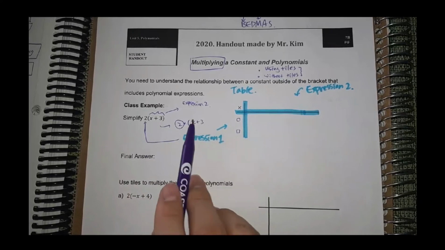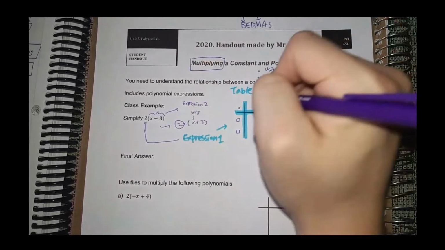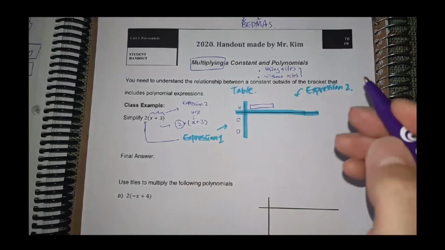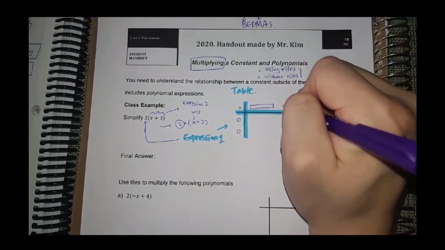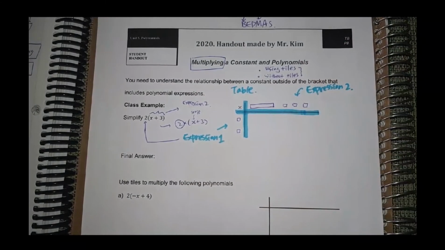Now let's recall. This x, ladies and gentlemen, is a strip, an empty strip. So I put that as an empty strip. And we have constant positive 3. So that's 1, 2, 3, 3 of the same type of integer tile.